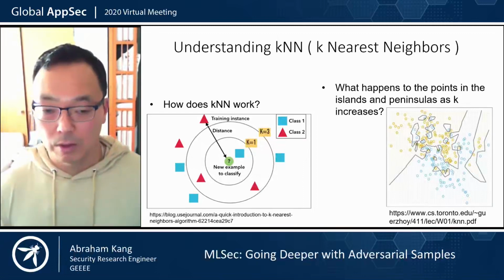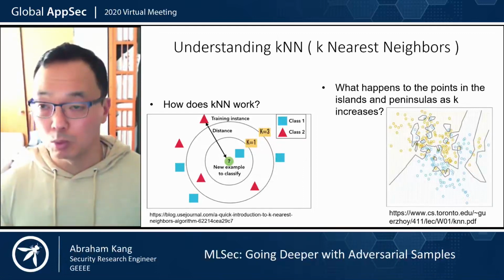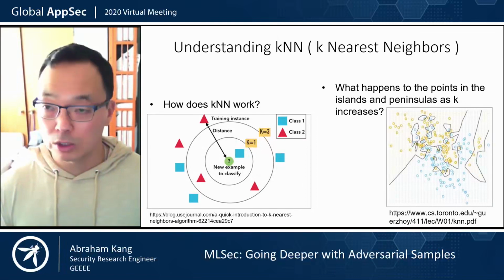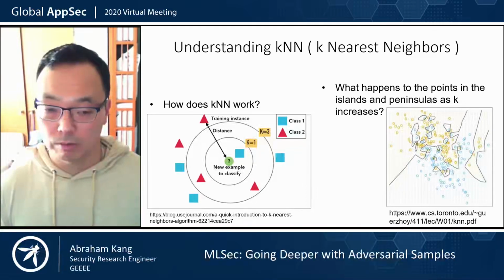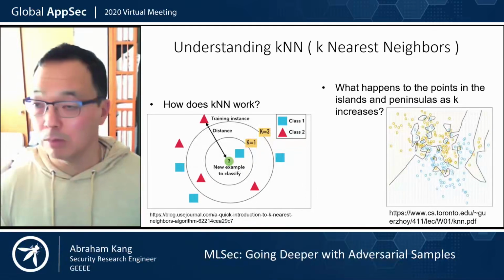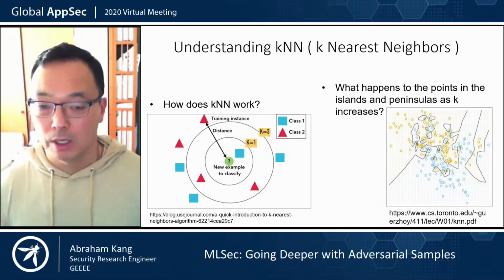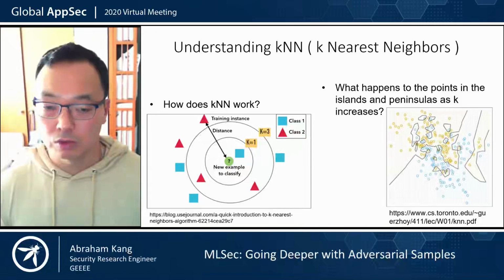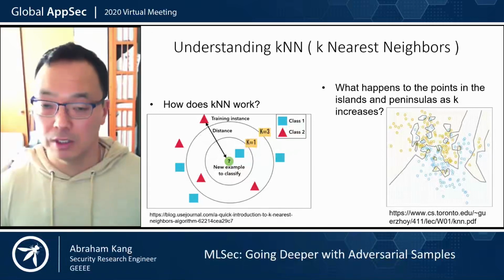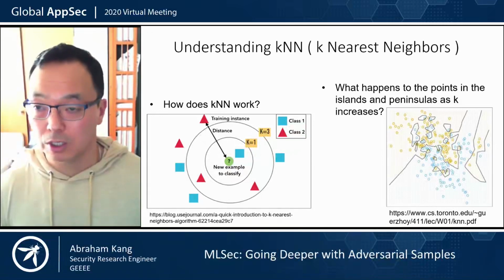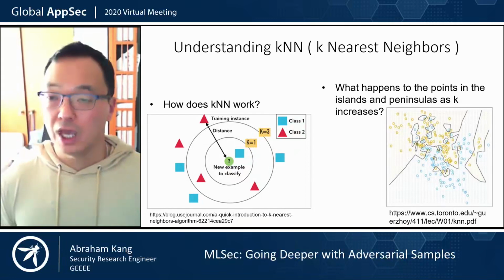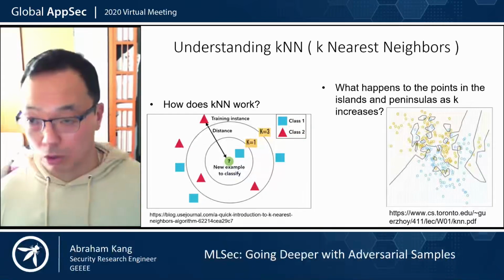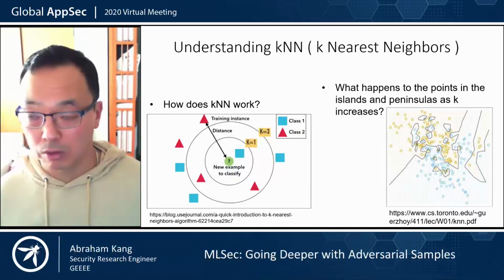And here, if K equals 1, we're going to look at the nearest training point to that point that we're trying to classify. And that happens to be a blue square. And so what we're going to say is that if we use K equals 1, this green point should be classified in the blue squares class. Now K can vary. The larger K will smooth out boundaries.